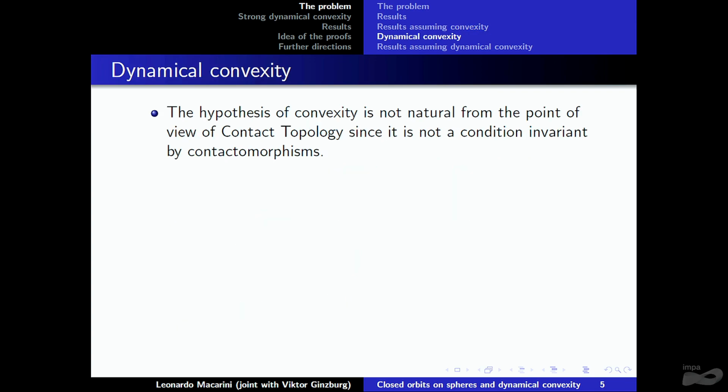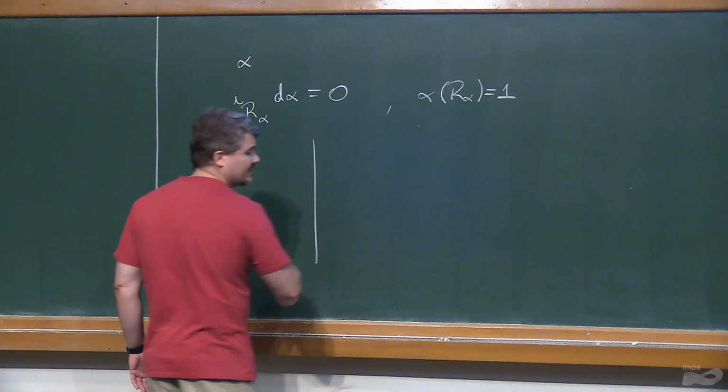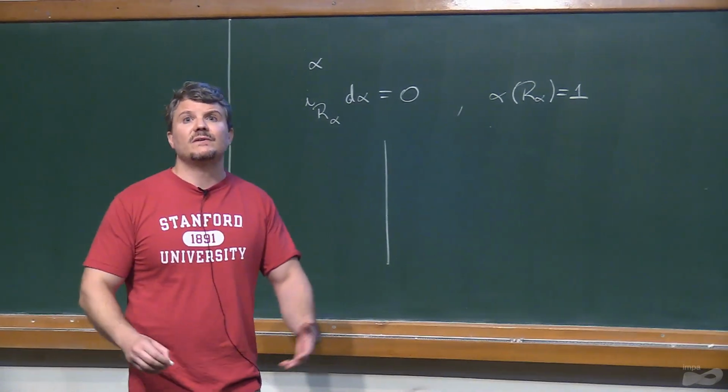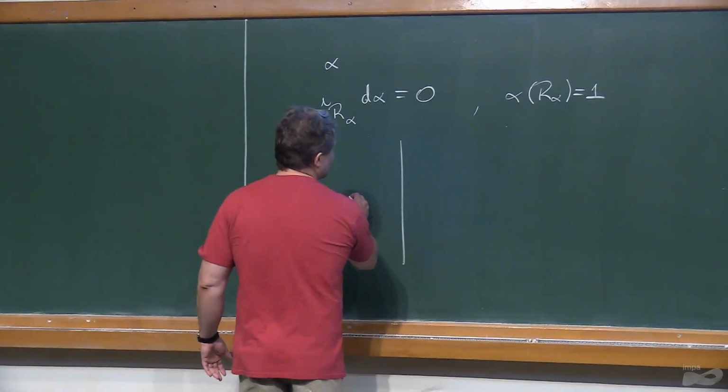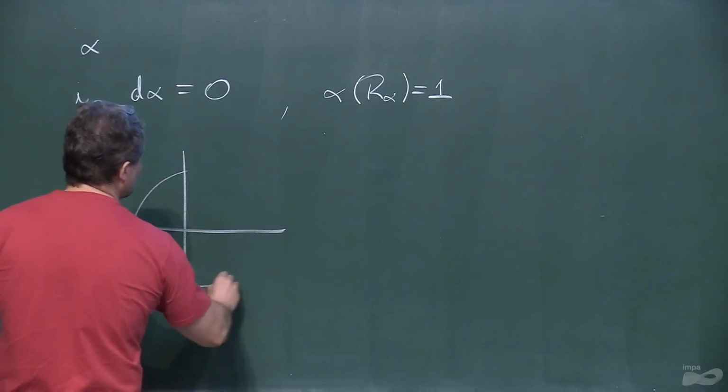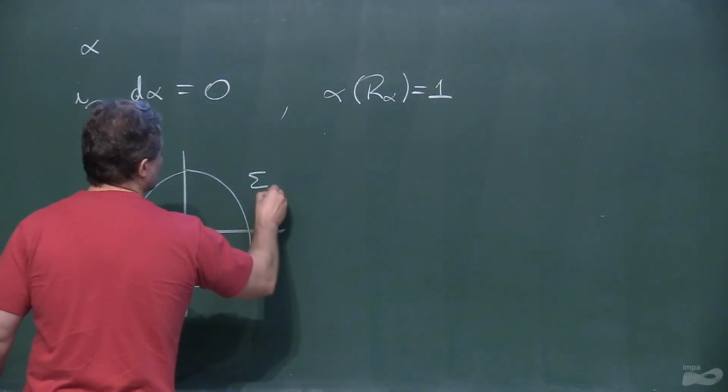But the point is, convexity is not a natural condition from the point of view of contact topology, because it's not invariant by contactomorphisms, right? Of course, if you have a convex one, think, for instance, in the case where the contact manifold is a circle, right? So you can have something convex here. The corresponding sigma alpha is convex.